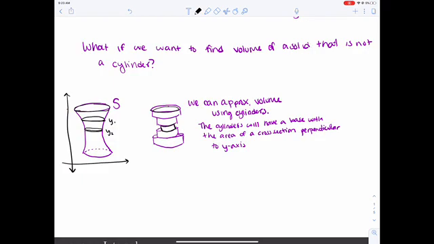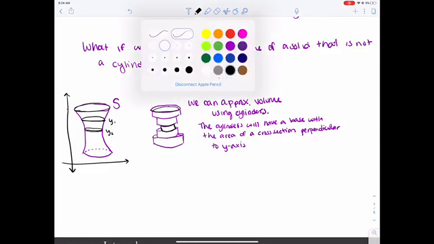Well, how would we get this volume to be a more accurate approximation? Well, we would use more cylinders, and they would be shorter cylinders.